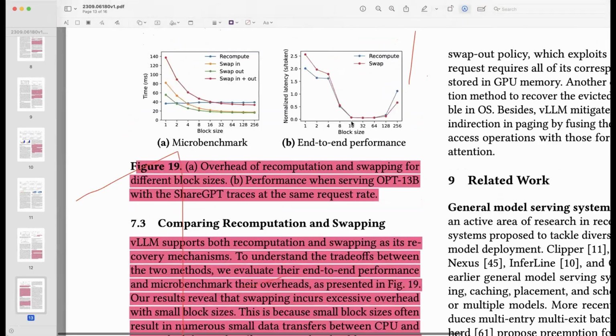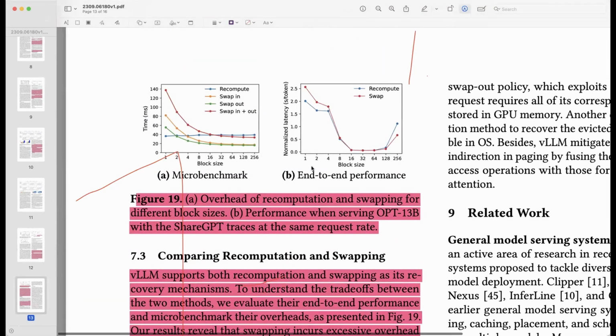Yeah, this one was the other one, when they recompute versus swap. For very small block sizes, the swapping actually has a higher latency, whereas at some point they are equal, and then the recomputation has a higher latency.